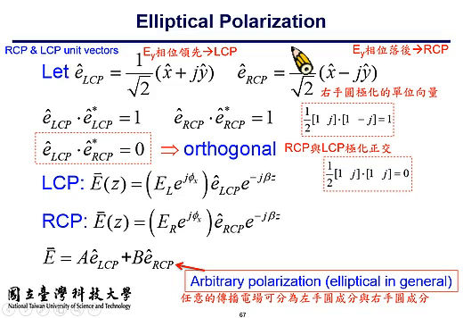The dot product of RCP unit vector and conjugates of the unit vector equals to 1 as well. The dot product of LCP unit vector and RCP unit vector is 0. Why? They are orthogonal to each other. Just like vertical polarization and horizontal polarization are orthogonal to each other, right-hand circular polarization and left-hand circular polarization are orthogonal to each other too.